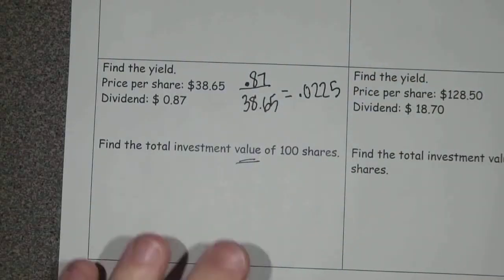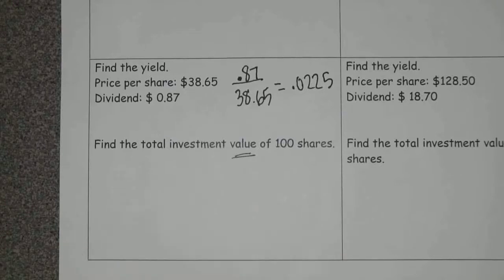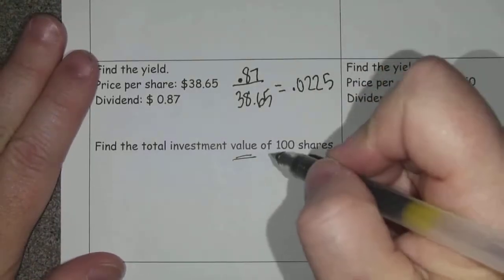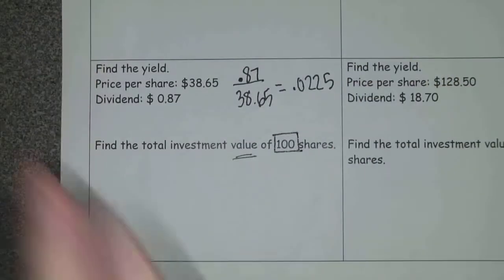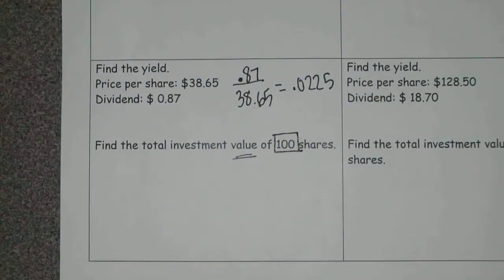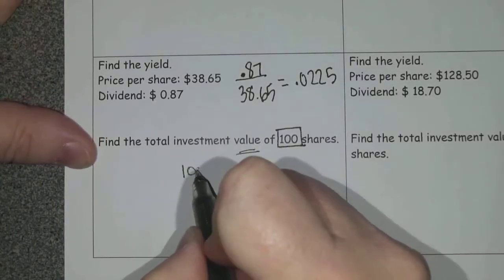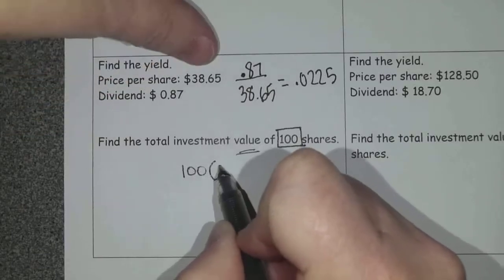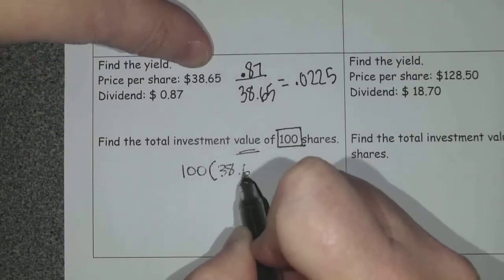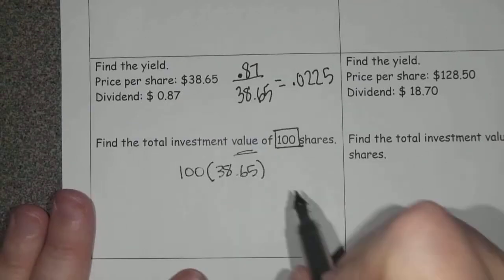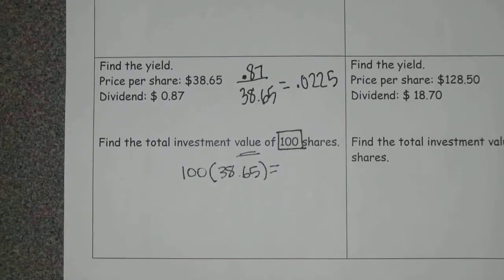Now I'm not done here, because then it asked me to find my total investment value of 100 shares. So really it wants what it was worth plus the yield. Let's find out what 100 shares was worth when we started. 100 shares was worth $38.65 each, right? So if I multiply that together, that gives me what my shares started out being worth. Everybody agrees?